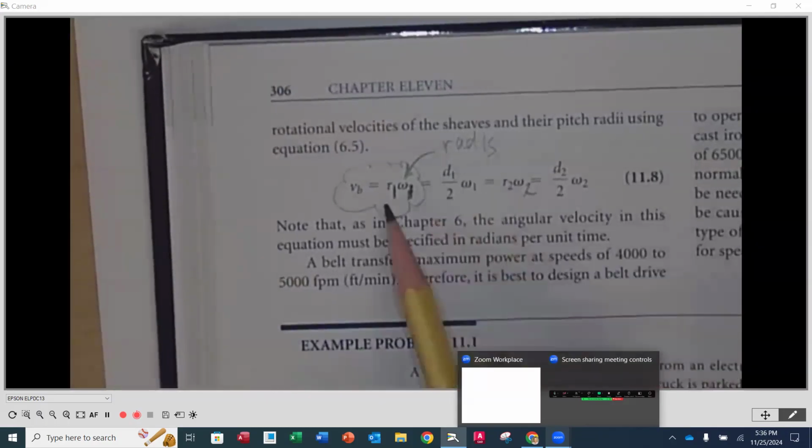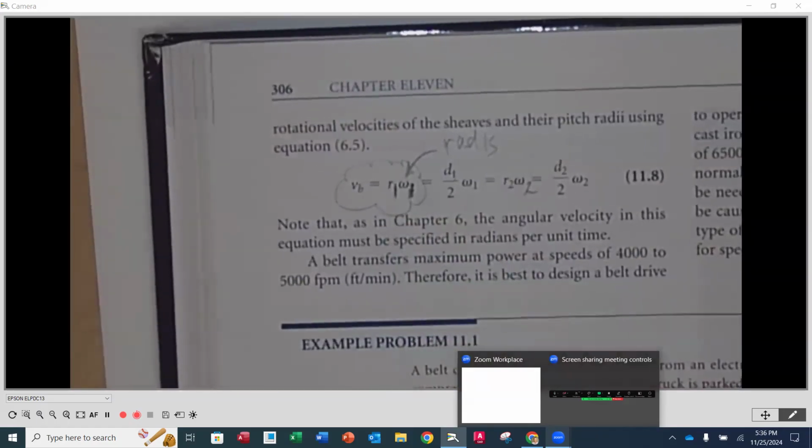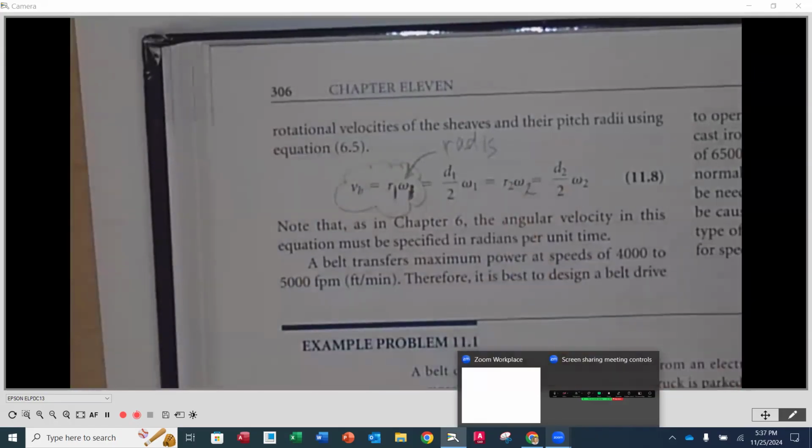In this case, R1 refers to the radius of the driver, and W1 refers to the angular velocity of the driver. Now, in this equation, so that we can get it in the proper units, we have to convert our angular velocity W from revolutions per minute, or RPMs, to radians per second or radians per minute. We'll look ahead and see which makes the most sense.